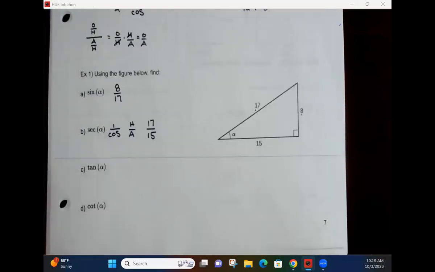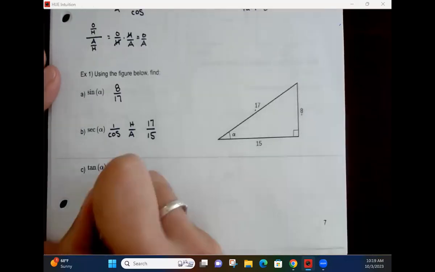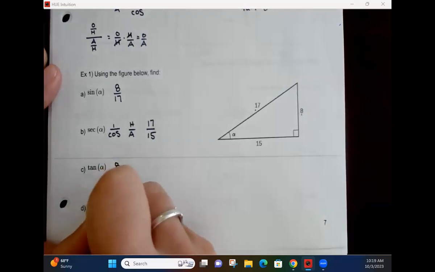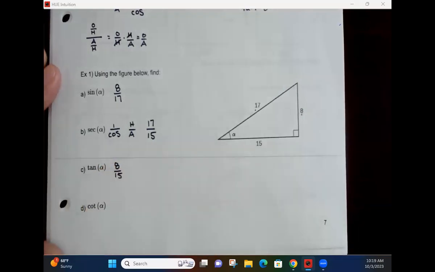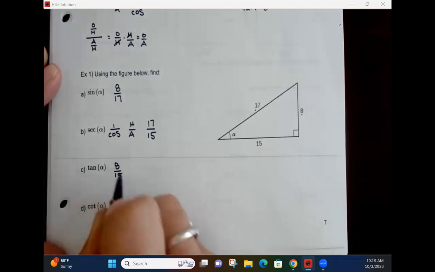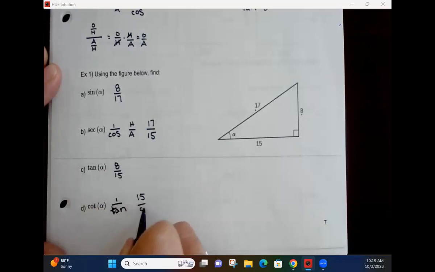Tangent, you've seen before, opposite over adjacent. Cotangent is the reciprocal of that. Remember, cotangent is the reciprocal of tangent. So it would be the reciprocal of our tangent value here.